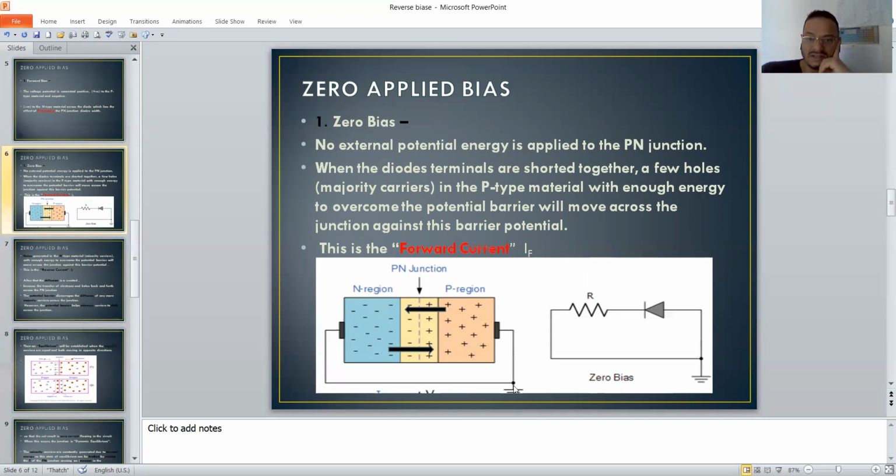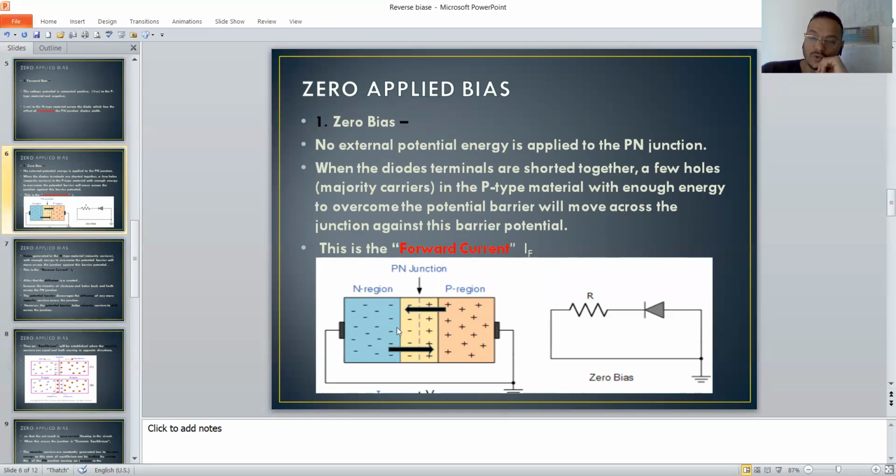After that, a few holes, that means a few majority carriers in the p-type, and like we know, the majority carriers at the p-type are holes, with enough energy to overcome the potential barrier will move across the junction.